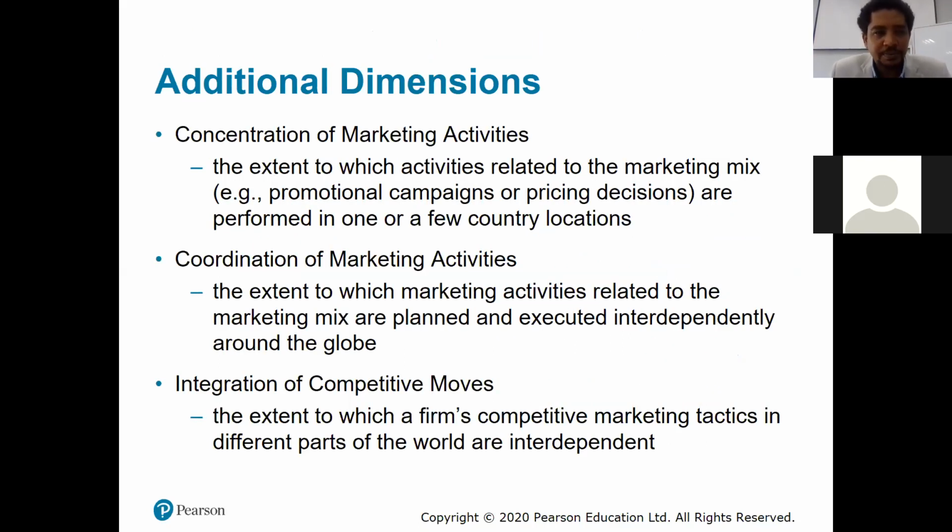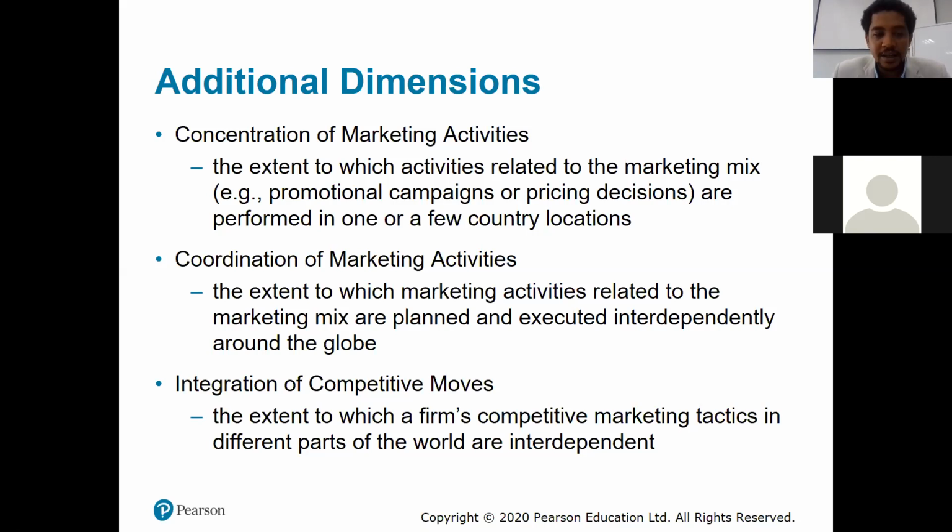When we talk about concentration of marketing activities, it is the extent to which activities related to the marketing mix, that's the promotional campaigns or pricing decisions, are performed in one or few country locations. The other is coordination of marketing activities, the extent to which marketing activities related to the marketing mix are planned and executed interdependently around the globe.